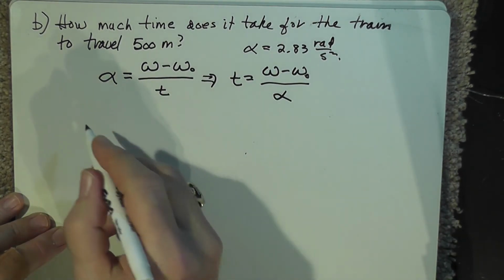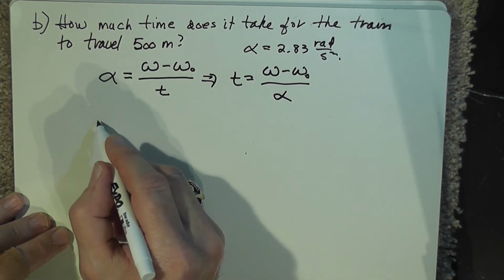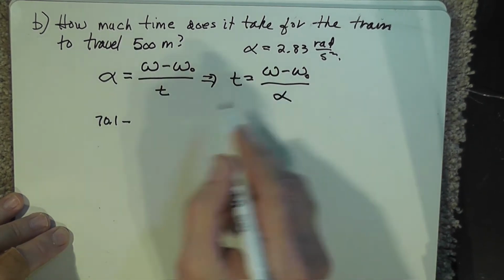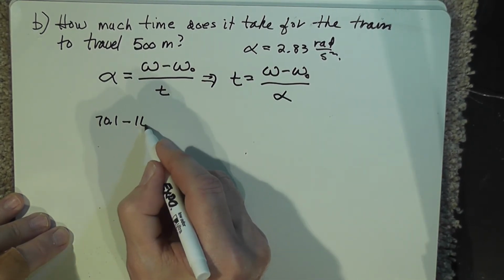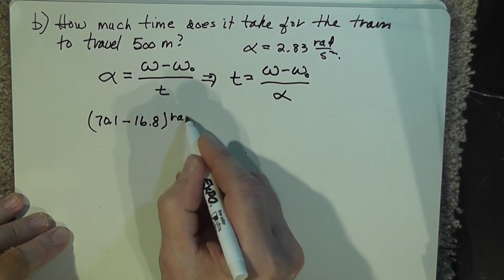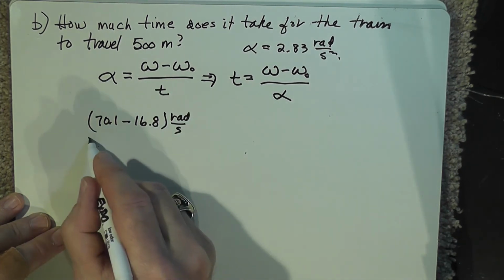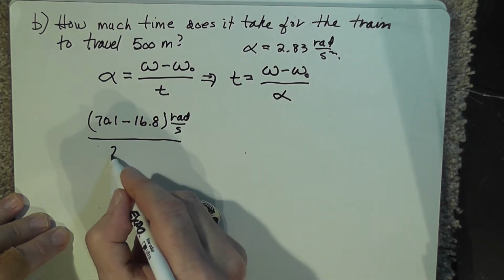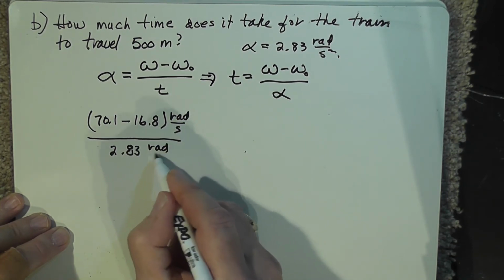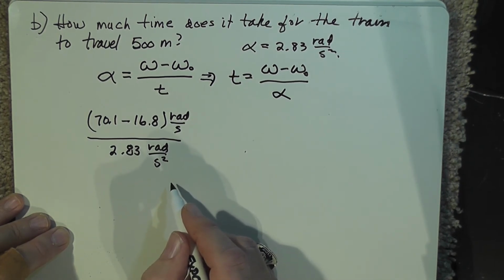So let's solve this problem now. For omega final, we have 70.1 minus our initial, which was 16.8. These are rad per second. These are the difference between our omegas, divided by the acceleration of 2.83 rad per second squared.